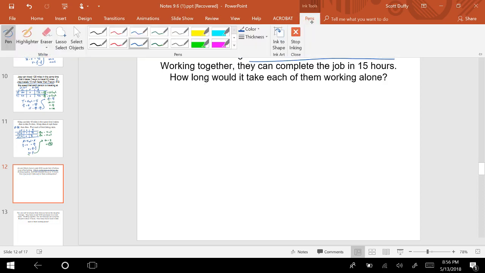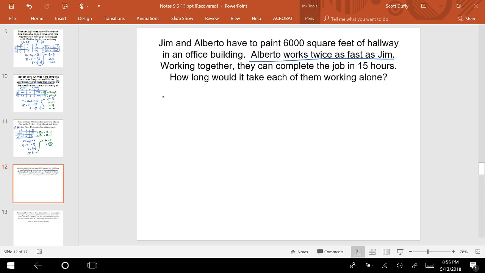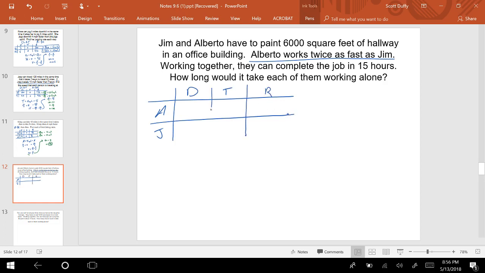So it might be better to make a chart again. Alberto, Jim, distance, time, rate. Alright, so we aren't talking about distance really, but they still have to do a certain amount of work, and that certain amount of work would be 6,000 square feet.